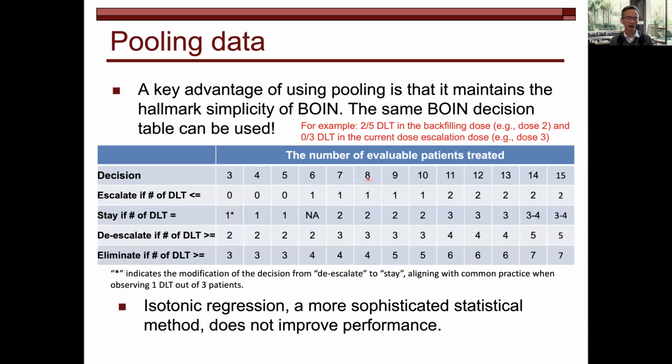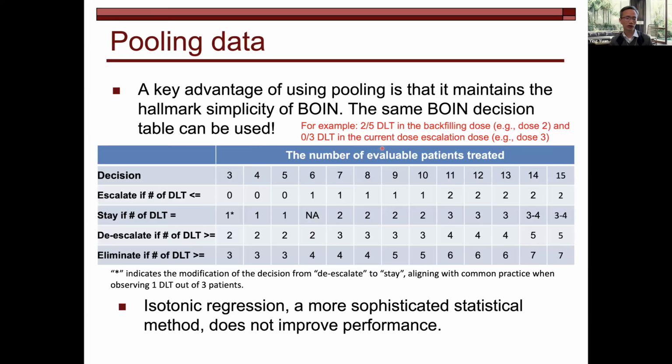Here in the red text, I provide an example. Let's say right now we backfill at dose level 2. The overall data, including the previous dose escalation data and the current backfill data, is 5 patients with 2 DLTs. Right now, the dose escalation is at dose level 3, with 3 patients treated and 0 toxicity.